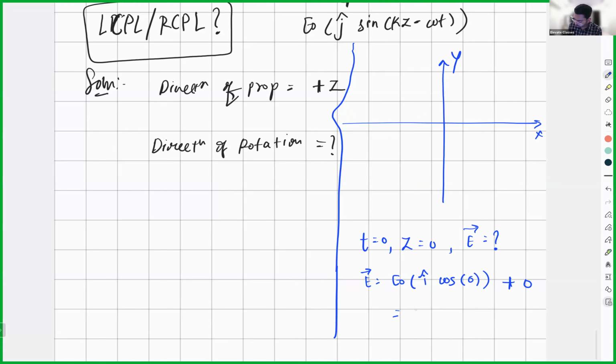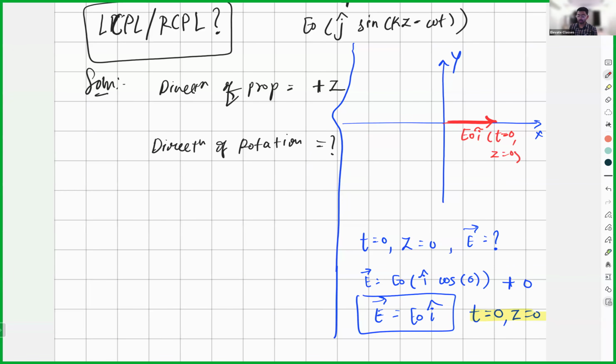So this becomes E naught i cap. This is at t is equal to 0, z is equal to 0, remember? So this is my electric field vector with the magnitude or the length of E naught.